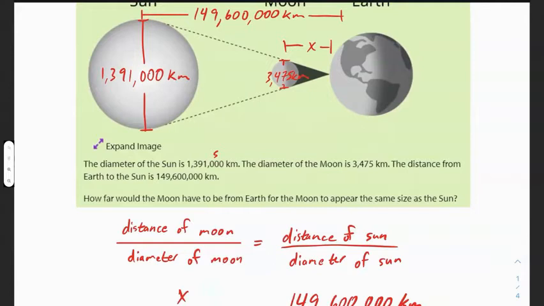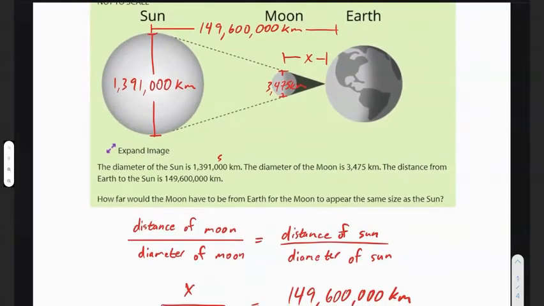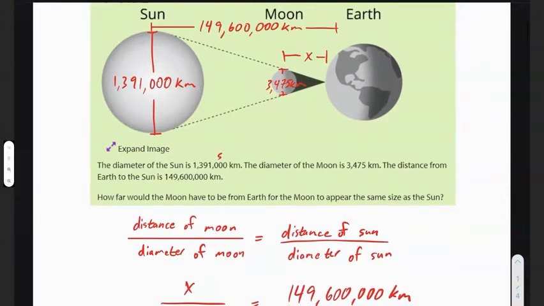Distance is important because we don't want to burn up. Now, let me get the big boy calculator out because we've got some serious numbers to do here.